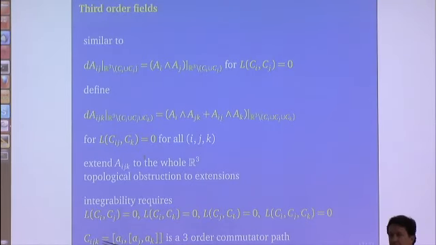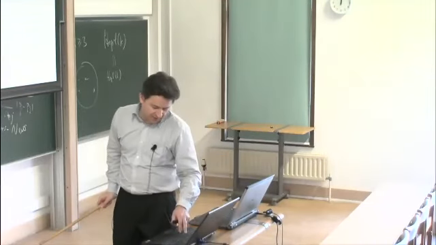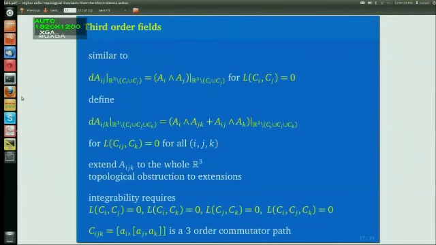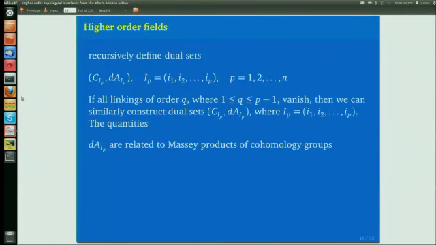And Cijk, careful examination will show, contains 10 pieces, 10 generators, and this is the third order commutator path in the space. And of course, you recursively proceed to higher order and define them in the manner stated above. And you can see the relation of all this machinery to Massey products in the cohomology groups.